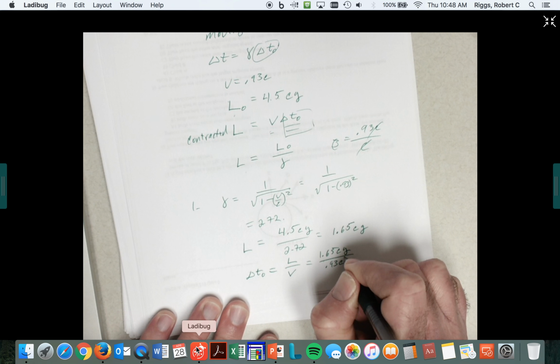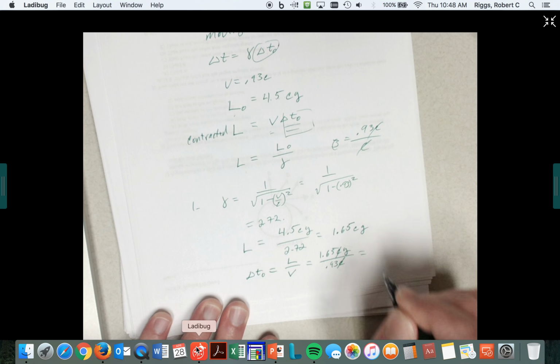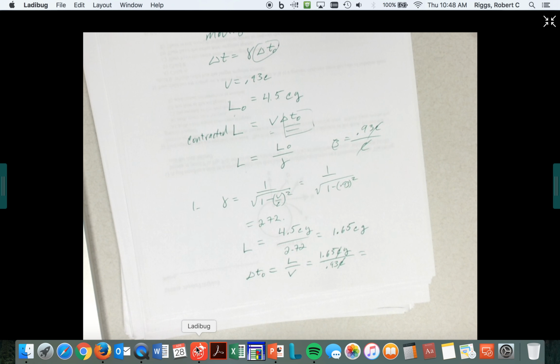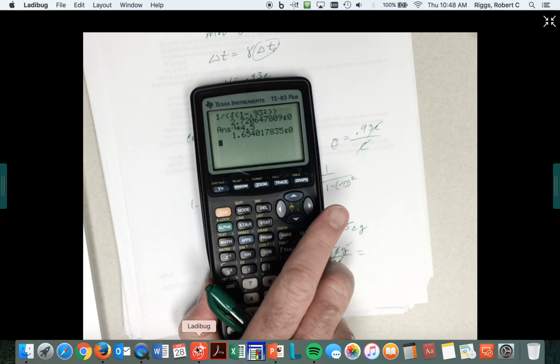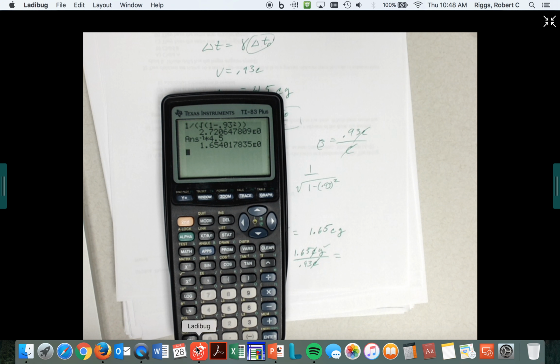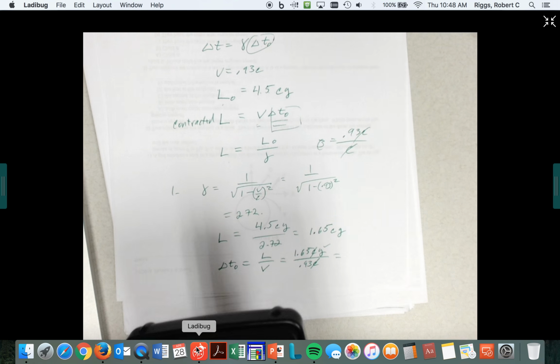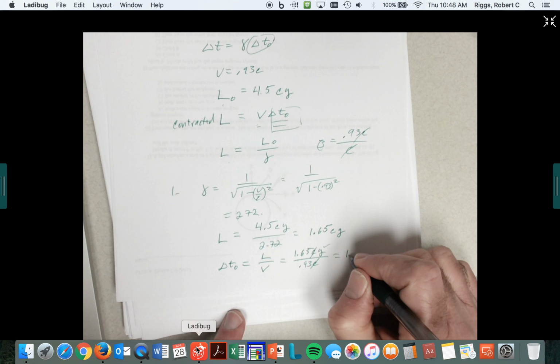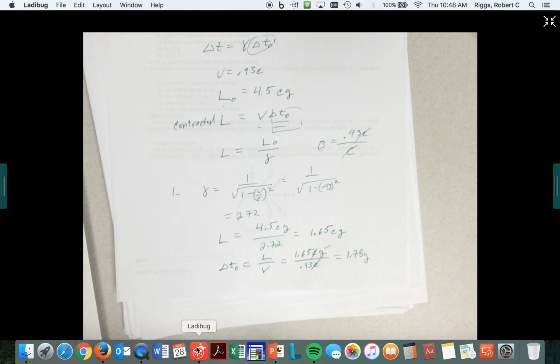Now look what cancels, bang, bang, and I'm left with years. Pretty cool, huh? So it's going to take me 1.78 years to get to Alpha Centauri, as far as my clock's concerned.